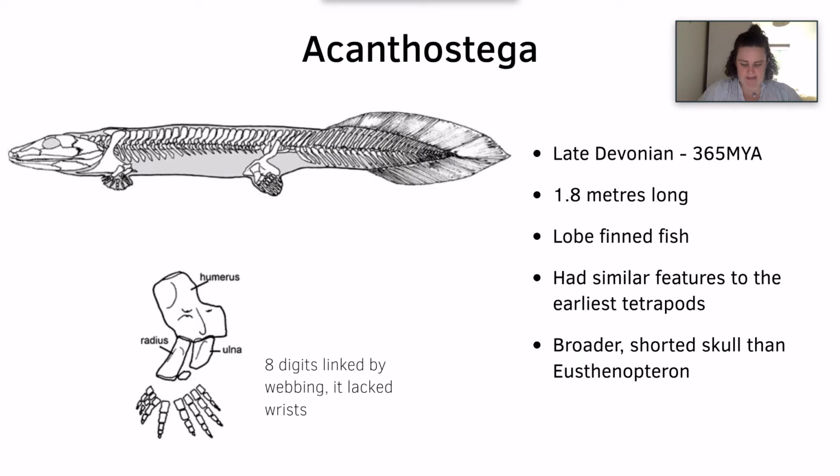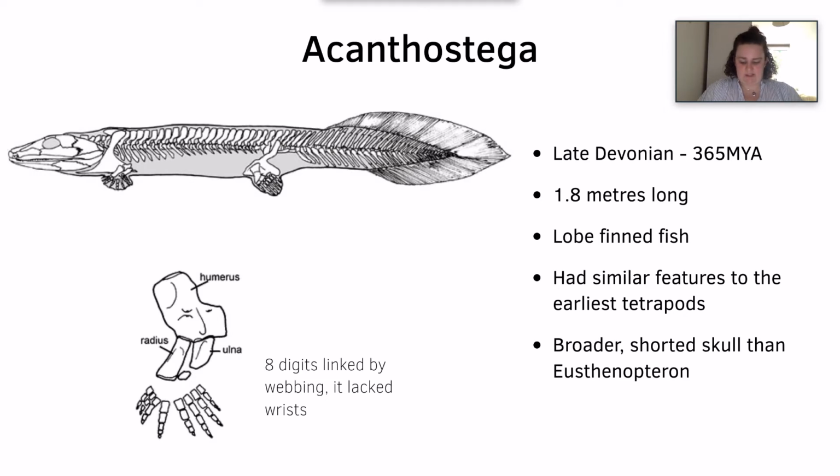It also had fish-like features such as no true elbows, knees, wrists or ankles, as well as long fin rays around the tail, which is shown in this diagram here. So it's kind of got an axolotl-esque or newt-esque tail.